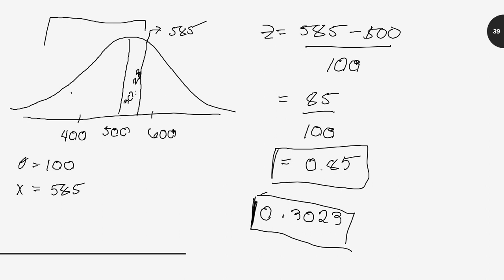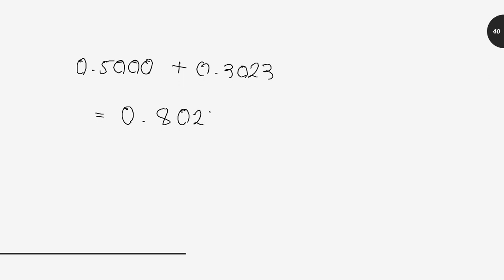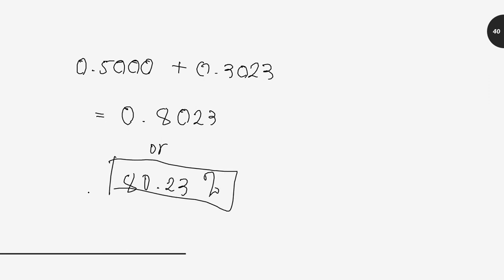Okay, i-add lang natin yan dito sa remaining 50% sa left side. So kapag inadd ko siya, 0.5 plus 0.3023, the answer is 0.8023 or 80.23%.